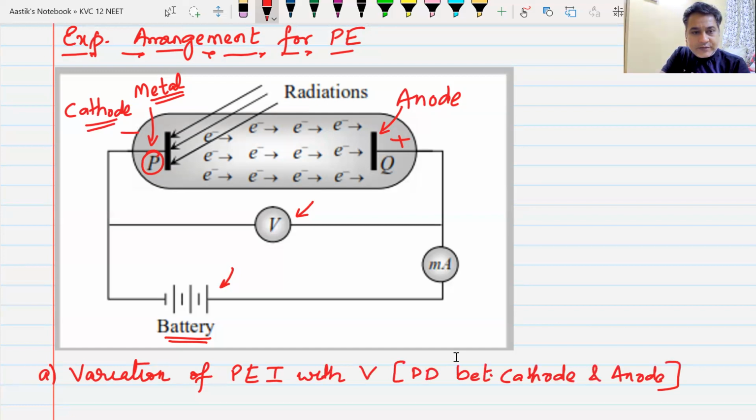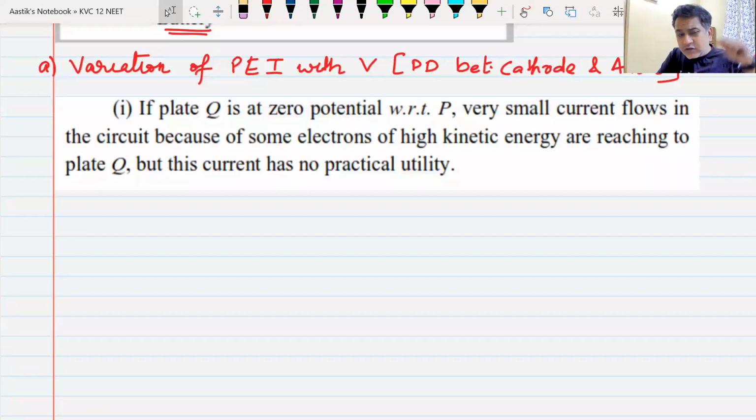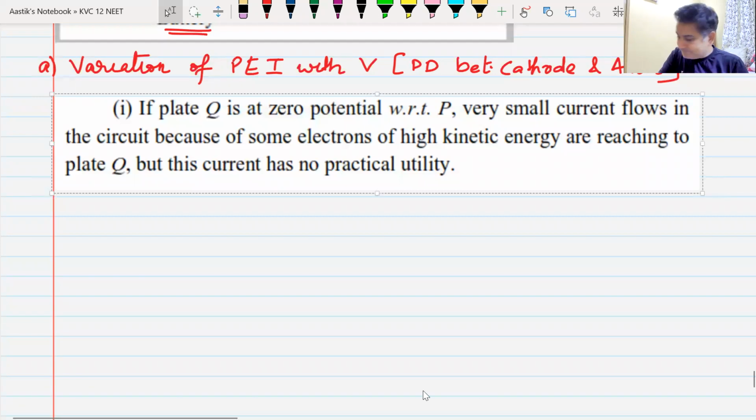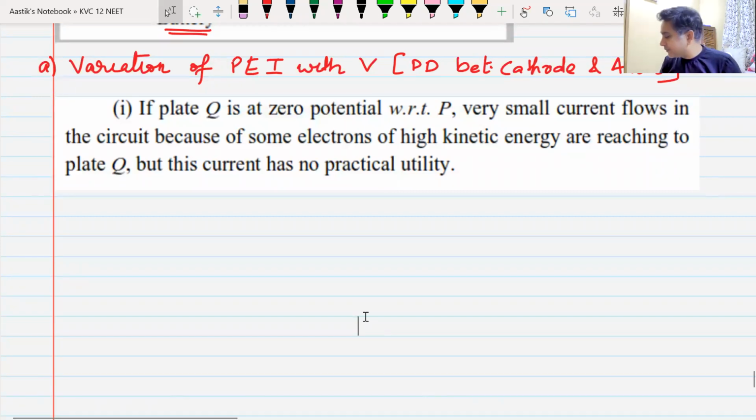Now, if I keep point Q at zero potential with respect to point P, I mean, I don't connect any battery, a very small current flows through the circuit.